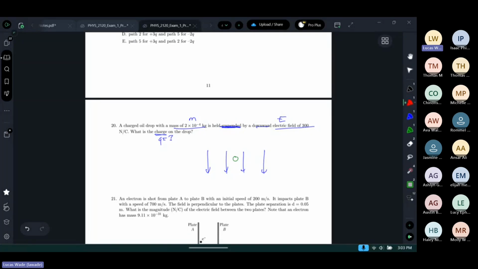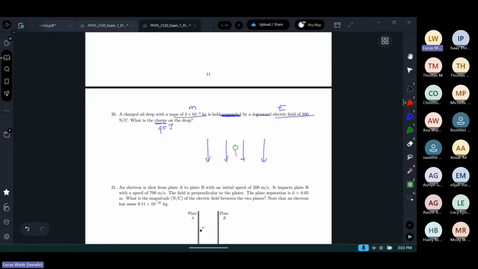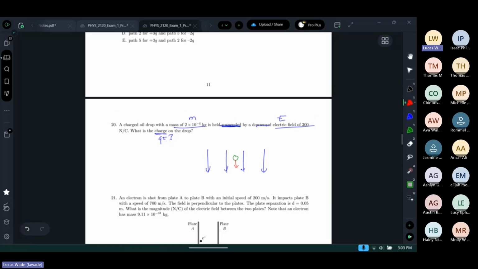And so we have weight acting on this charge. We usually can neglect that, but if we're talking about something sitting in place, the only way that can happen is if there's a force in addition to the electrical force, and the only one here is weight. So we're talking about a field that is just capable of balancing the weight of this charge. The weight is mg from physics 1.